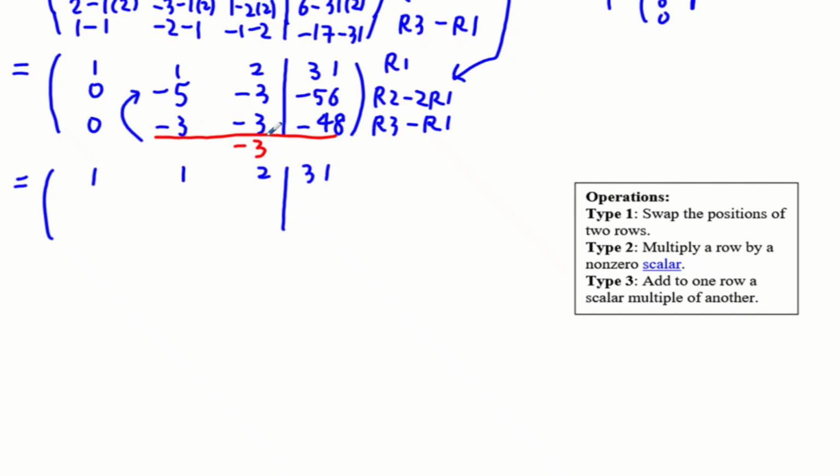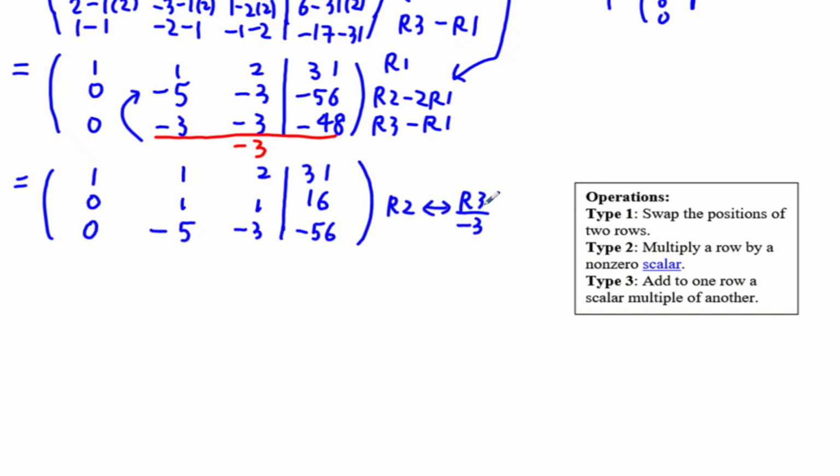Then we divide by -3 and switch it. So 0, 1, 1, 16. Then copy the R2 here. Okay. So this one, R2 switches with R3 divided by -3. This is how we got it.